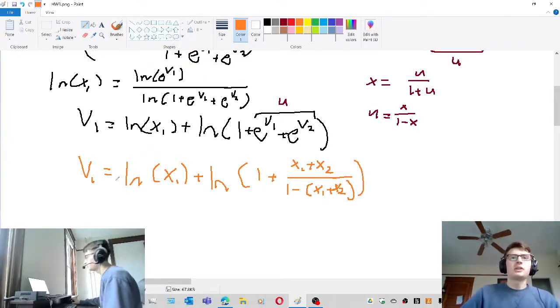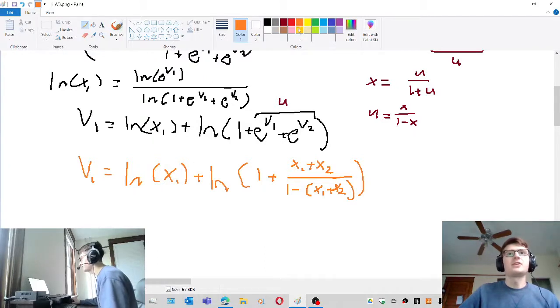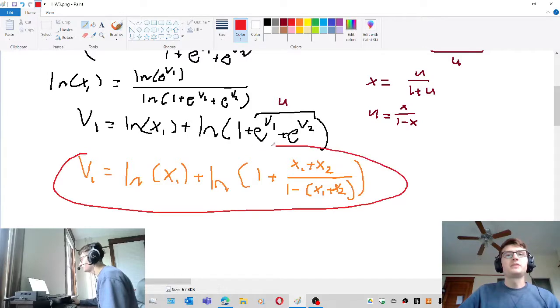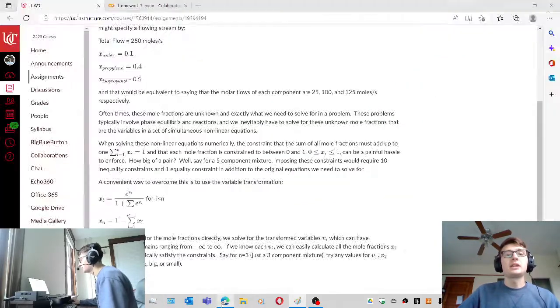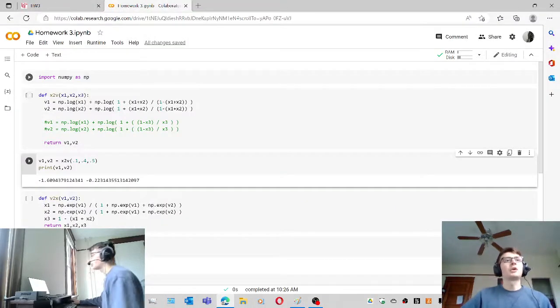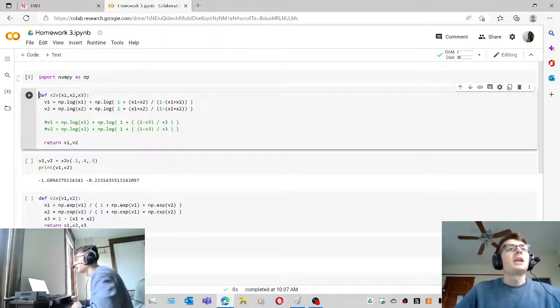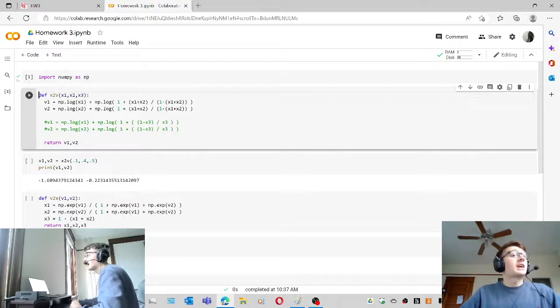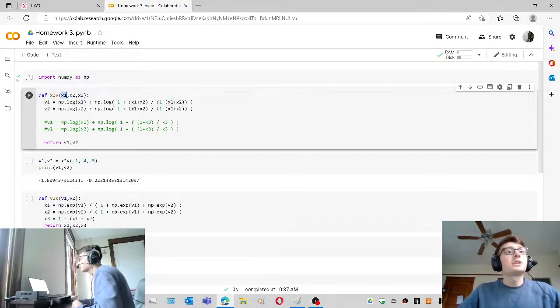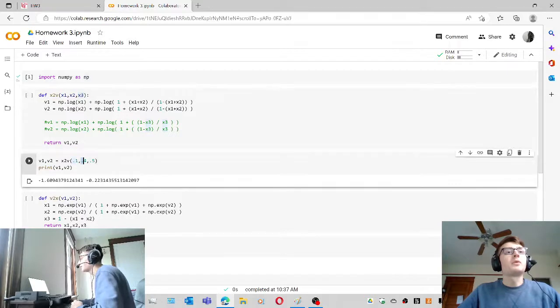But anyway, with this figured out, how do I even know that this is correct? Well, before the start of the video, I went into Python and programmed this out real quick. I imported numpy as np, and then I defined this function x2v. It's taking 3 inputs of x, that would be 0.1, 0.4, and 0.5.